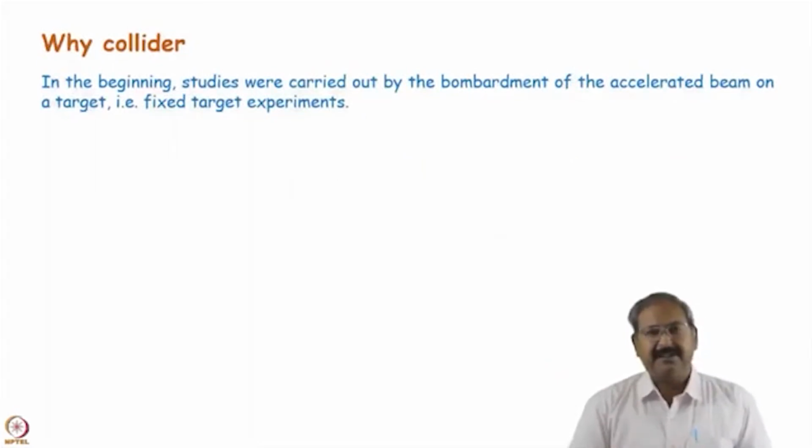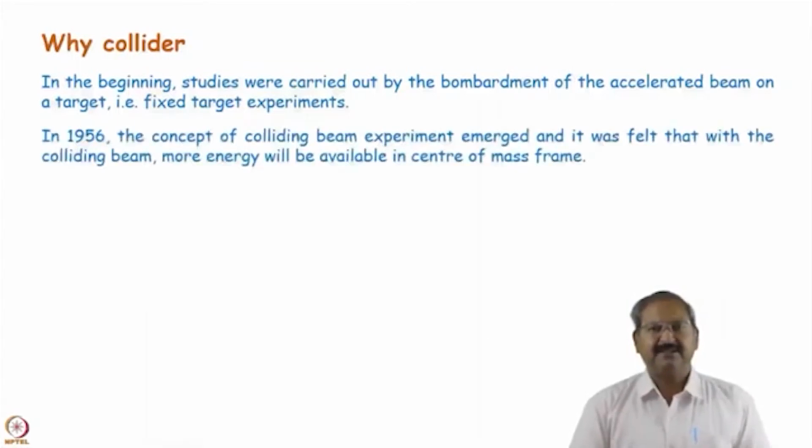In the beginning, studies were carried out by bombarding high energetic particles on a fixed target, like Rutherford. Rutherford also bombarded particles on a fixed target; that fixed target was the gold foil. Later on, high energetic particles were ejected from the accelerator and sent to the target for collision experiments.